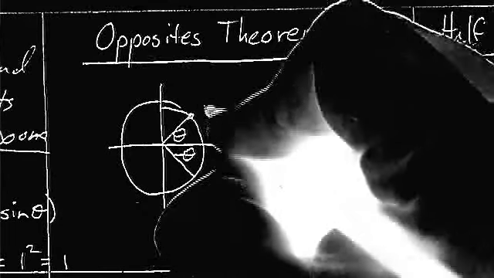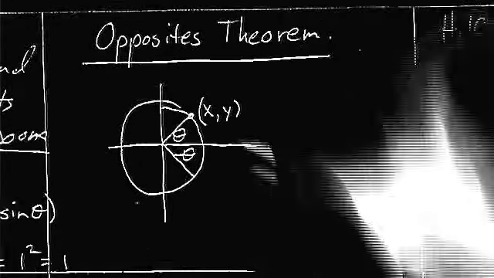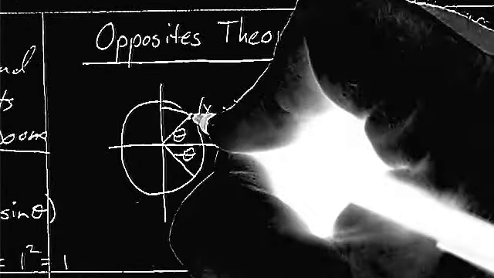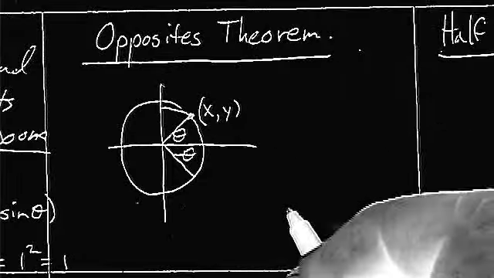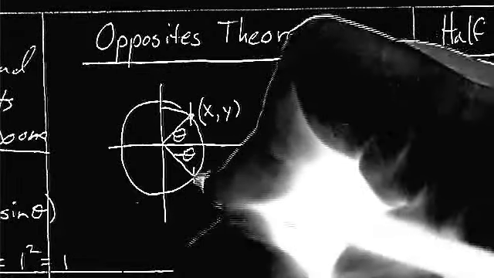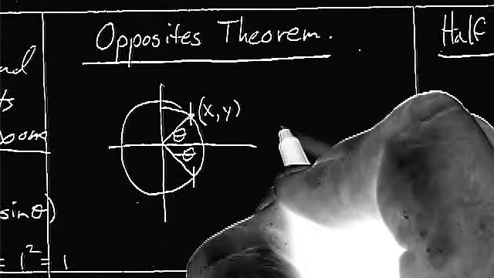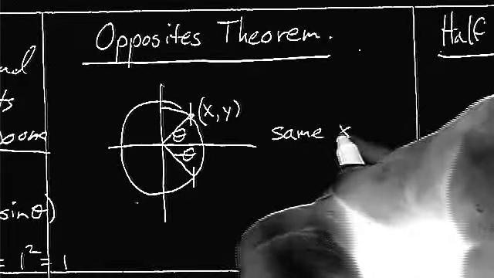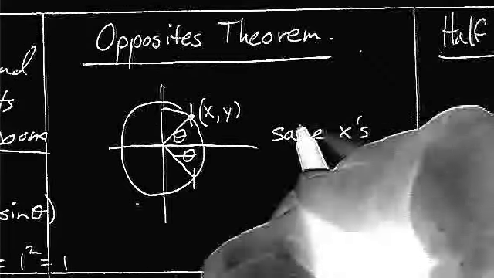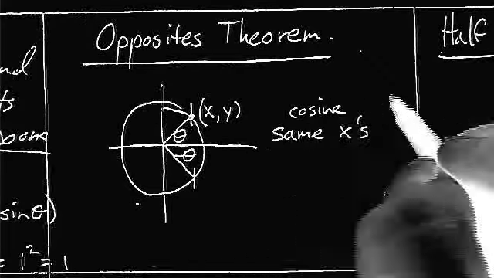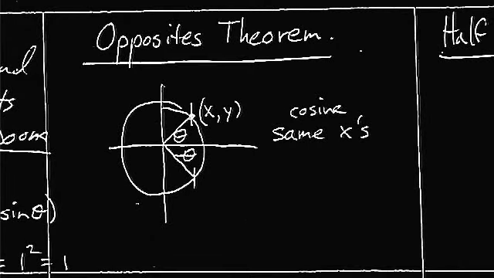We got a point x, y. So what do you think? Do you think that this point and this point down here have the same x value or opposite x values? And the answer is they have the same x's. Remember, cosine is the x value.